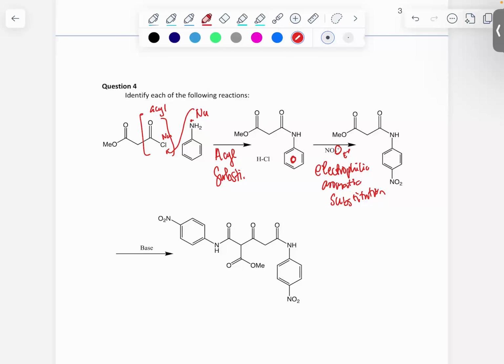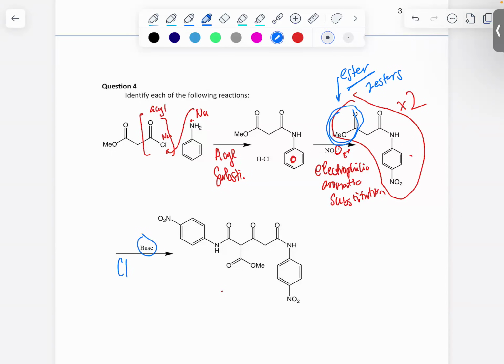Now, in comparing this starting material to this one, we can see that this has basically just been doubled. And the key functional group here is an ester. And what reaction do we know that uses 2 esters and a base, but our Claisen condensation?